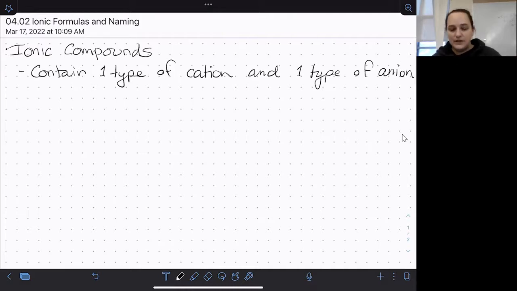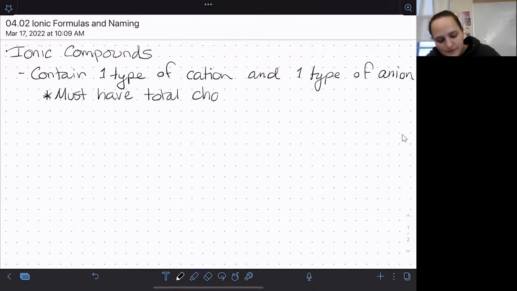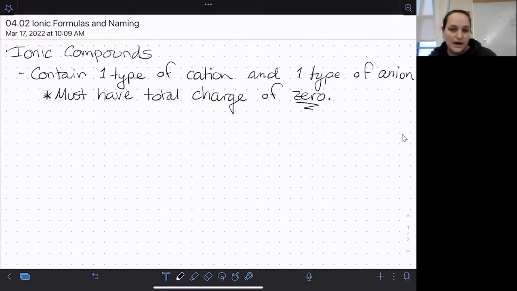but this doesn't necessarily mean there's exactly one of each, because ionic compounds must always have a total charge of 0. So depending on what types of ions are involved, we might have, say, a +1 cation with a -2 anion. Those don't add up to 0 as is.